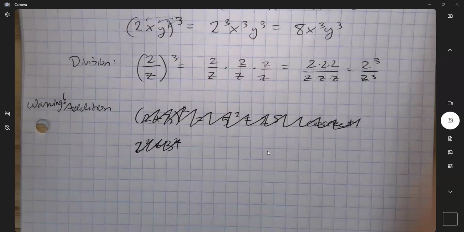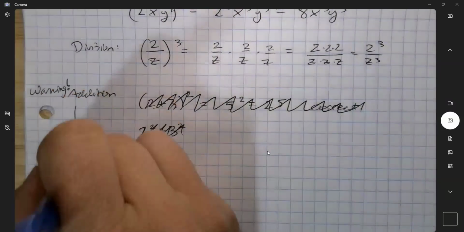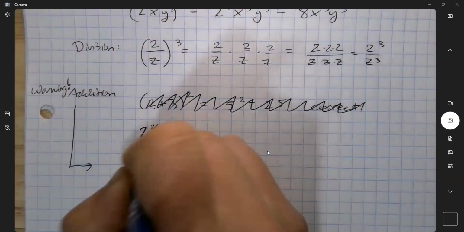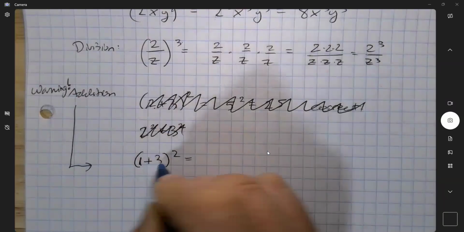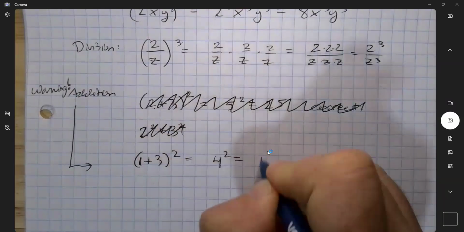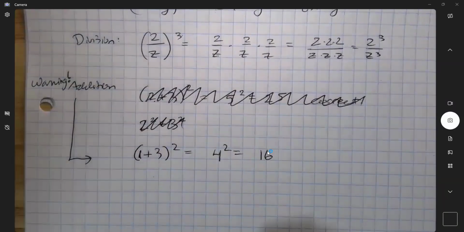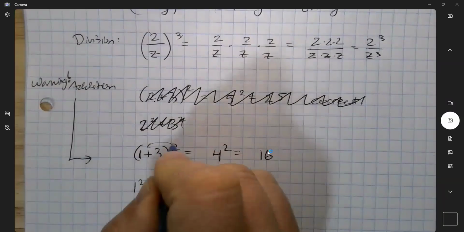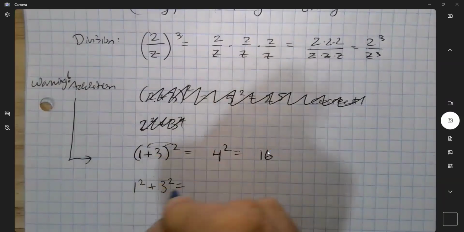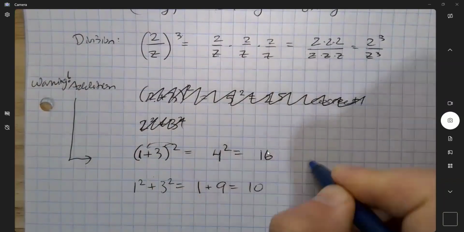Let me restart this. Pick one that I know will run into an error. If I do 1 plus 3 squared, 1 plus 3 is 4, so I could write 4 squared, which is 16. But if I tried to distribute, I'd have 1 squared plus 3 squared. 1 times 1 is 1. 3 times 3 is 9.